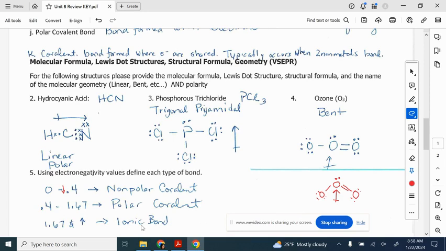But remember, you can have polar bonds where you have a nonpolar molecule, because if all of those electrons balance out, then you've got a nonpolar molecule. I gave you an example of carbon tetrachloride here.